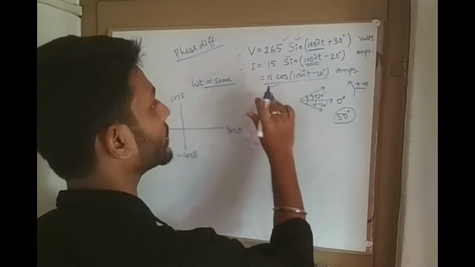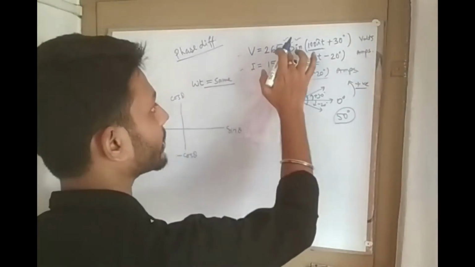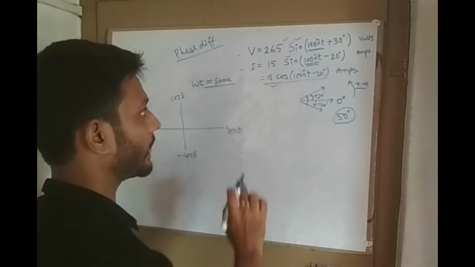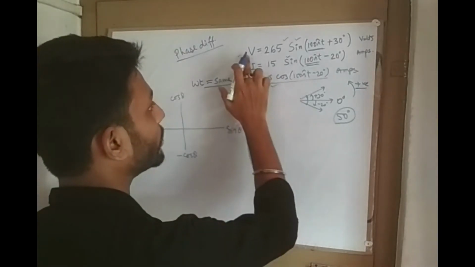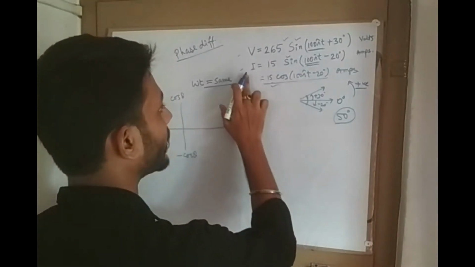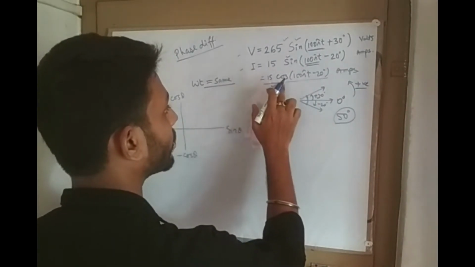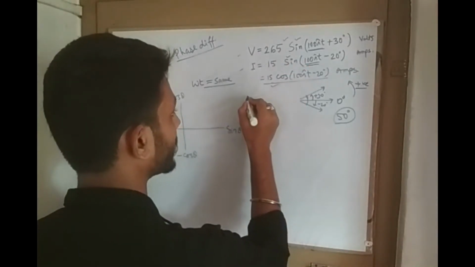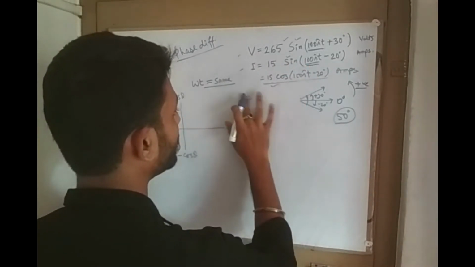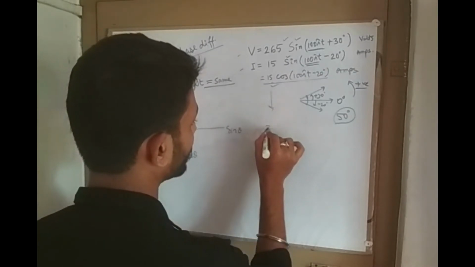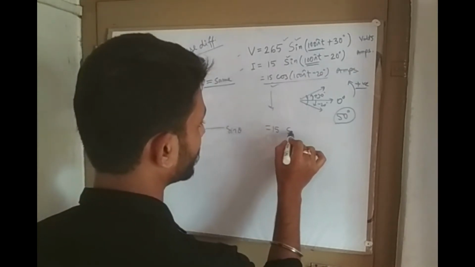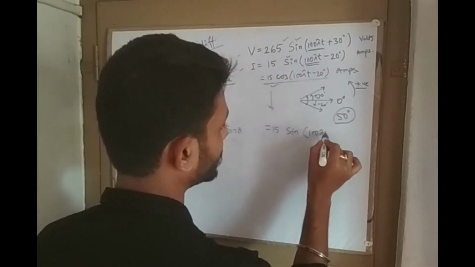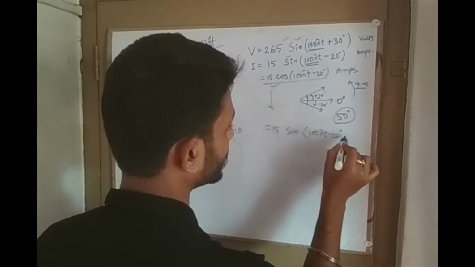Otherwise, you can keep this one constant and convert the sine into cos also. But here, we will keep the sine constant and we will convert the cos value of this current into a sinusoidal signal. Then it will become equal to 15 sine(100 pi t minus 20 degree).